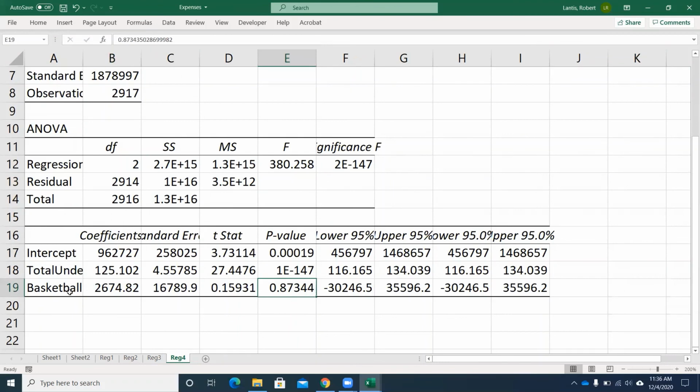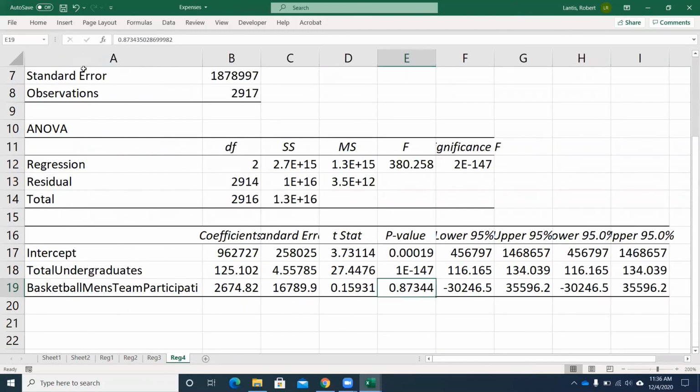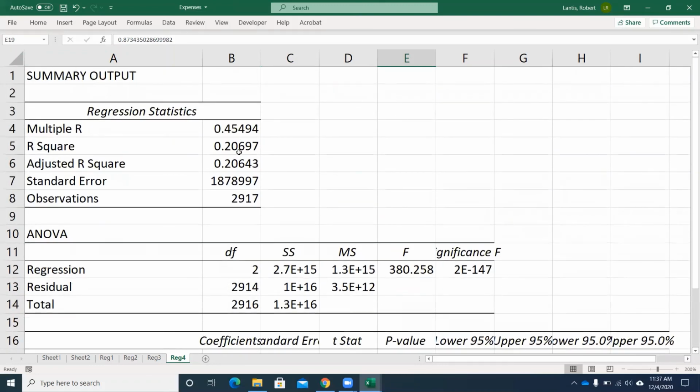We can't say there's any relationship between the number of people on the team and the expenses. So this additional variable isn't helping us explain hardly any more of the variation in that y variable. It went up by 0.001%, right? So there are two more examples of some things we've been talking about in linear regression.